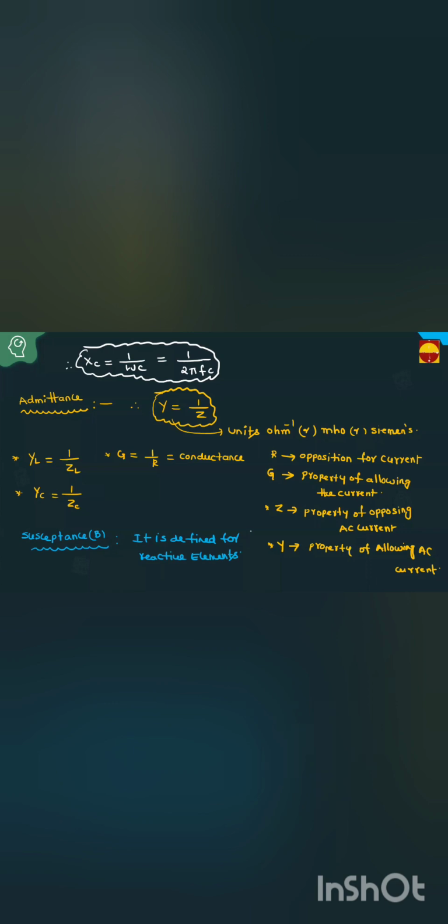For inductive susceptance, BL equal to 1 by XL. For capacitive susceptance, BC equal to 1 by XC. Then what are the units of susceptance? This is ohm inverse, or mho, or Siemens.